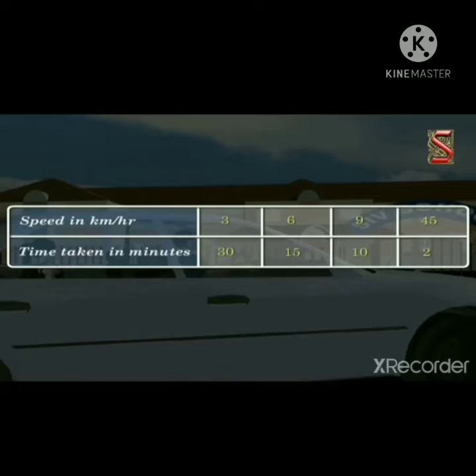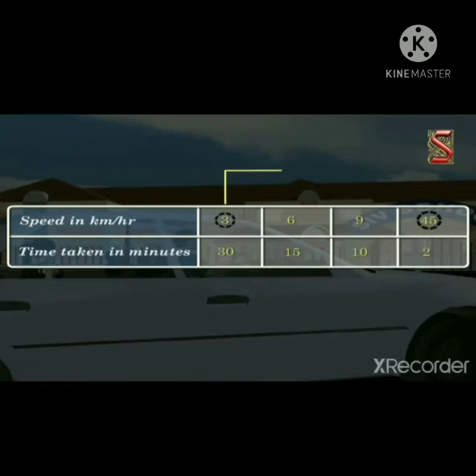So we see that when she increased her speed 2 times the normal speed, the time taken decreased to half. If the speed is increased by 3 times, time taken decreases to 1/3.